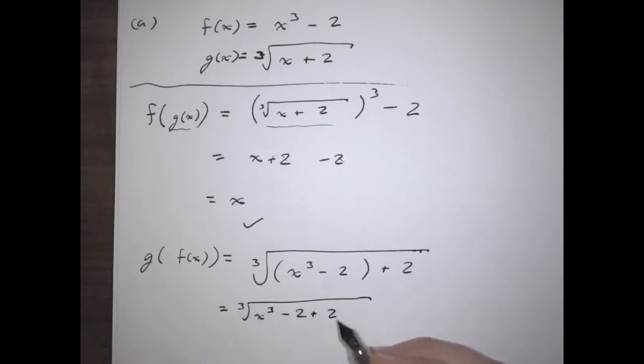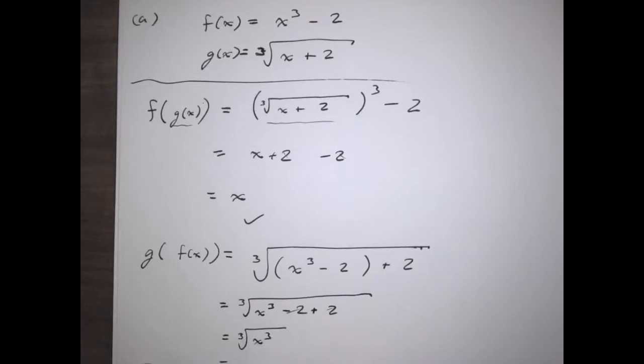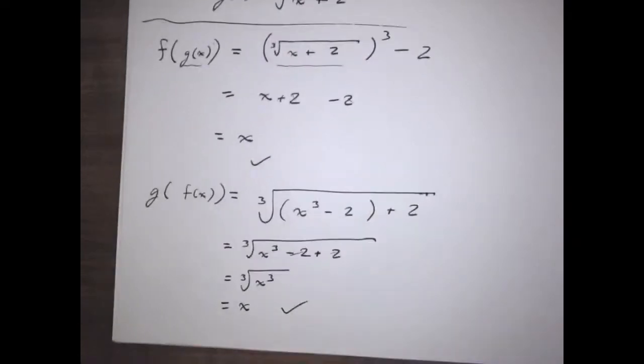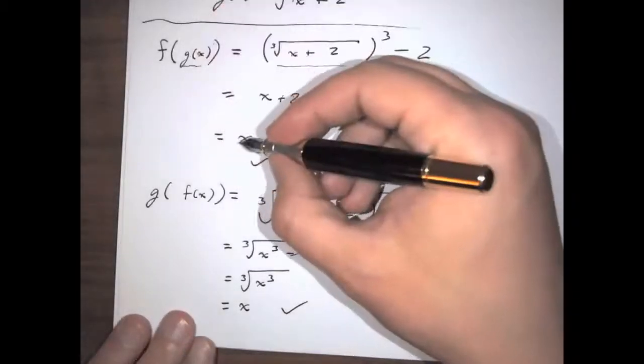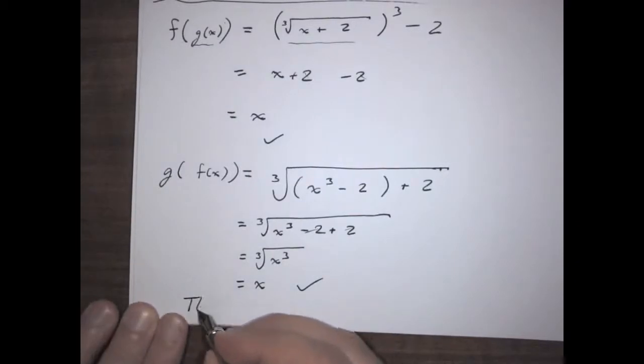Minus 2 plus 2, and you just work your way from the inside out, and you see that'll cancel, and you're going to have the cube root of x cubed, which is just going to equal x. And that also checks out the way it's supposed to. So f of g of x just canceled out to make x, and g of f of x just canceled out to make x, so that means they are inverses.